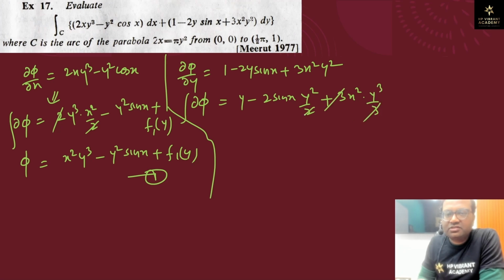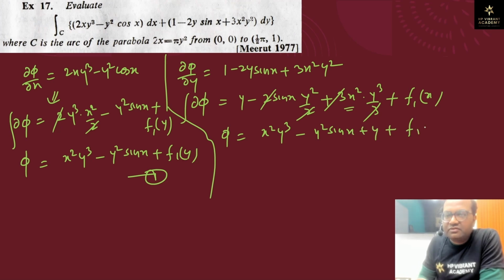So this gets cancelled, this gets cancelled. Plus the constant of integration will be a function of x because we are integrating with respect to y. So this is f1(x). So we have phi is equal to x square y cube minus y square sin x plus y plus f1(x). This is equation 2.